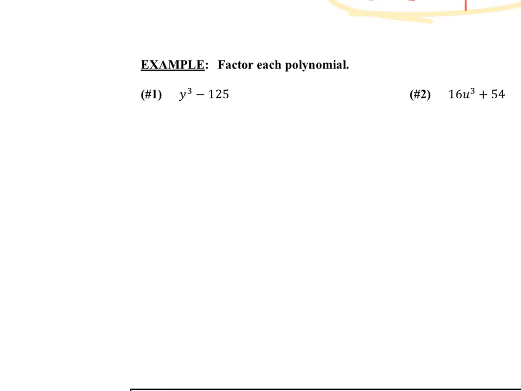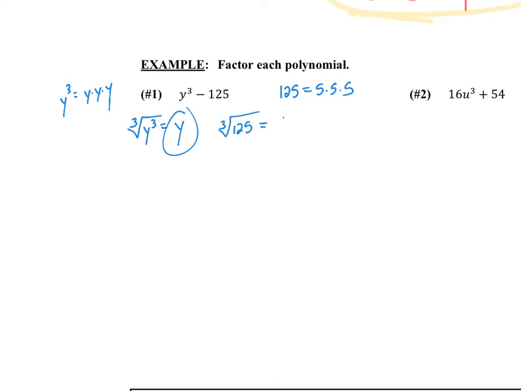So number 1, y to the third and 125 are both perfect cubes. Okay, 125 is 5 times 5 times 5, and y to the third is y times y times y. So what we do is we take the cube root of each of these. Sorry, the cube root of y to the third and the cube root of 125.